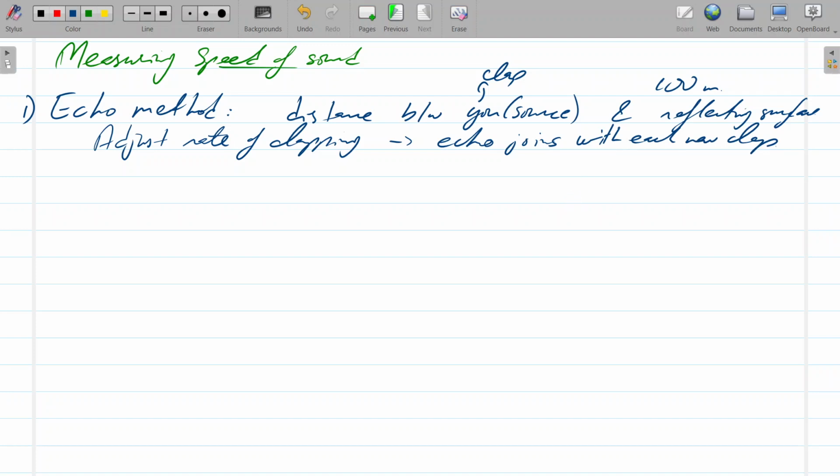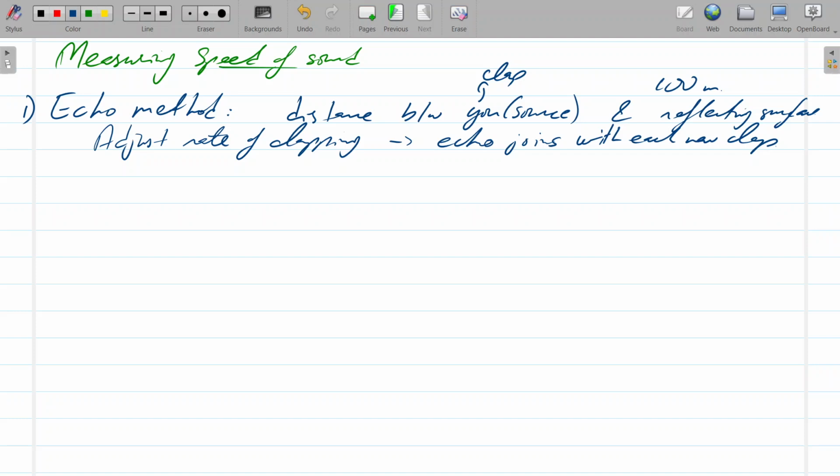So each clap coincides with the echo, and the echo is from the previous one, because it's going and coming back. So the echo of the previous clap is coinciding with the new clap. Now, when that happens, you want to maintain that clapping rate for 30 seconds, right?